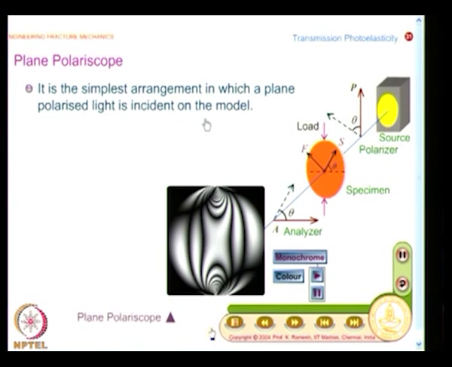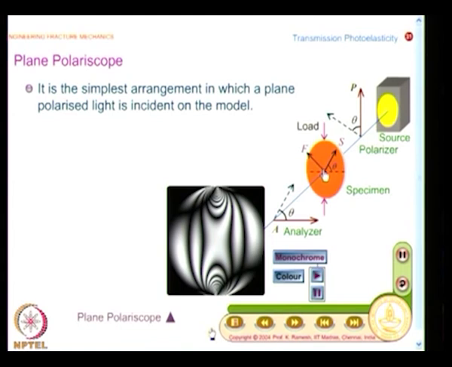So, what you find here, when the ray hits the model, we label that axis as fast and slow axis, and we have no knowledge whether this is a fast or slow axis. This is only a representation, and I said this matters when I go to digital photoelasticity.